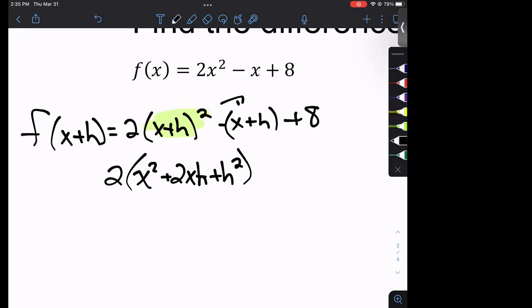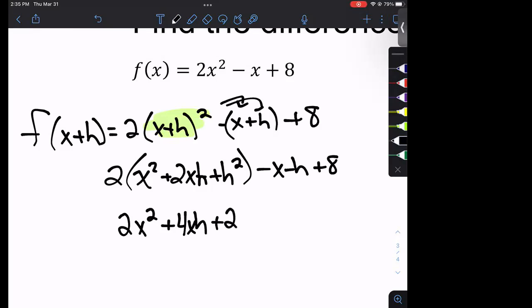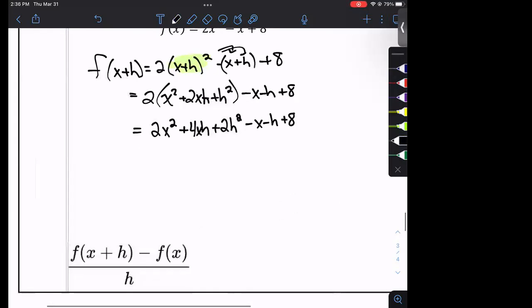We're going to distribute that negative there 2 times. So we're going to have minus x minus h plus 8. We're going to distribute the 2 now. It's going to give us 2x squared plus 4xh plus 2h squared minus x minus h plus 8. And that right there on that bottom line is what f of x plus h equals. That is the beginning part right here.